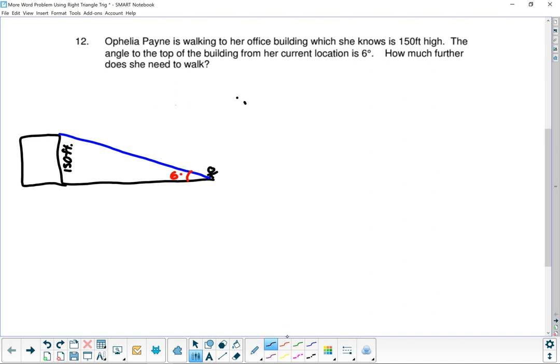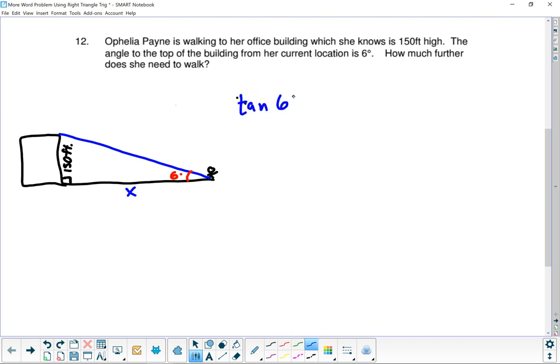We want to know how long her walk is to get to her office building. Again, this is a 90-degree angle for the office building right there, so looking at opposite and adjacent, we're going to look at tangent again.